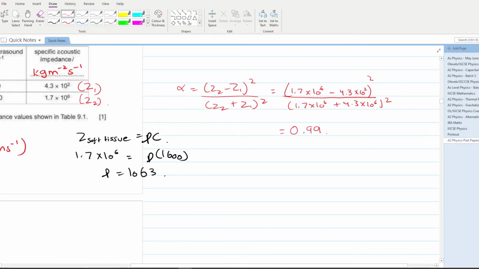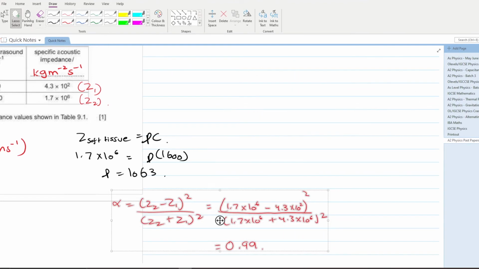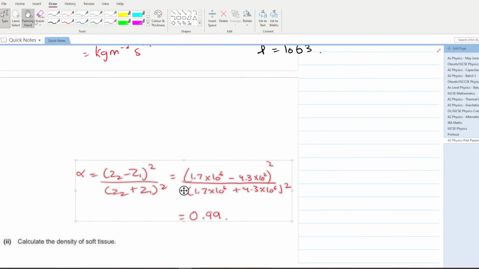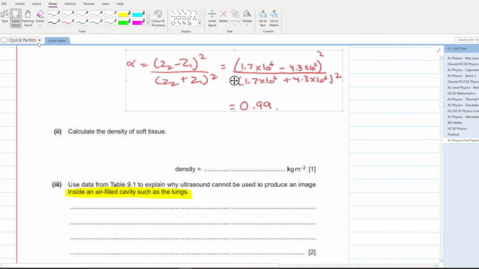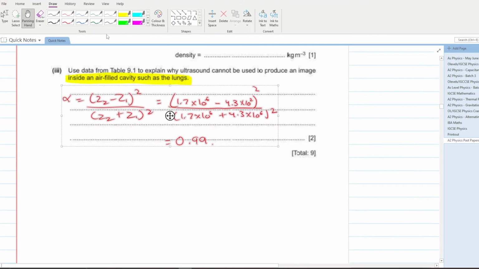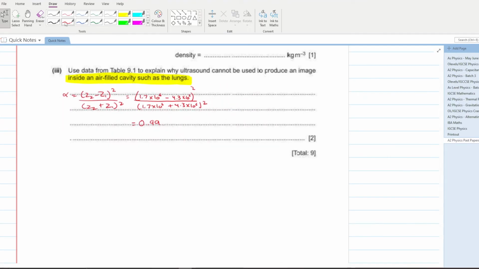Okay, so why is a value of 0.99 for the intensity reflection coefficient bad for us? Because this tells us that if we strike ultrasound, let me draw very weird lungs here. Let's say these are your lungs.